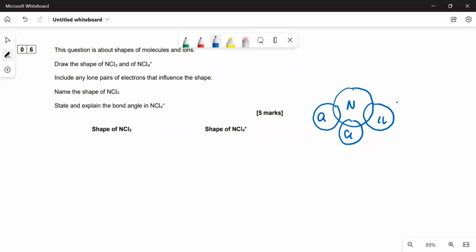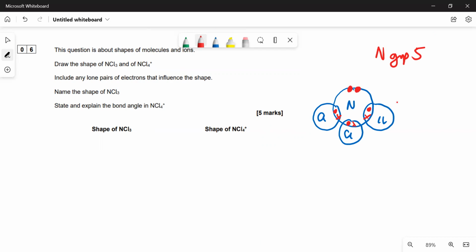We have a dot from the nitrogen across from the chlorine, dot from the nitrogen across from the chlorine, dot from the nitrogen across from the chlorine. Nitrogen, of course, is in group 5, so it's got 5 electrons in its outer shell. I've only drawn 3 dots, so it has got another pair. It's got a lone pair there, okay?